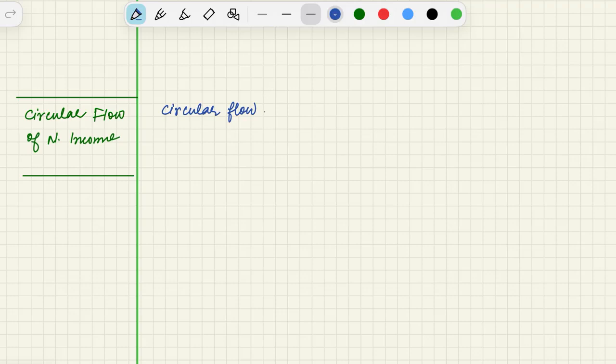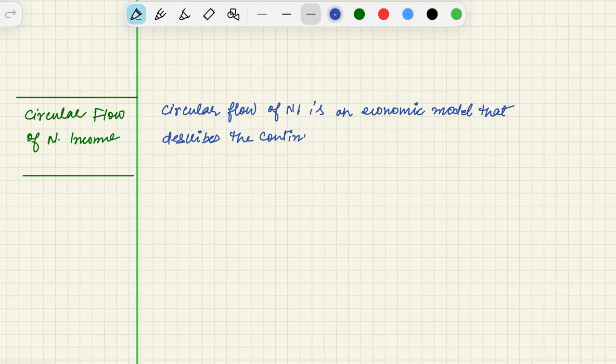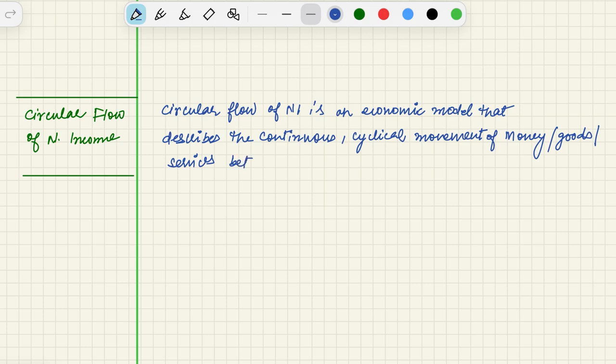Circular flow of national income is an economic model that describes the continuous cyclical movement of money and goods or services between various sectors of economy.